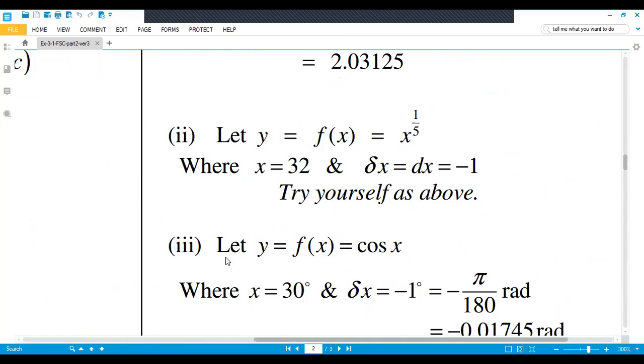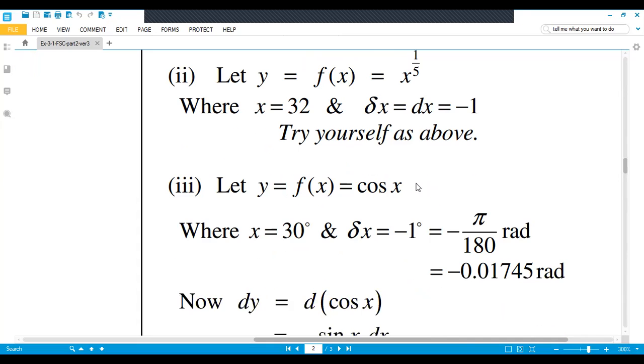You know that the fifth root of 32 is 2. So what will be done? We write x power 1 over 5, and x is 32, so dx or delta x will be minus 1, because the original function is 31. So 32 minus 1, that is 31. So in the same way, just like question number 1, you have to solve this.